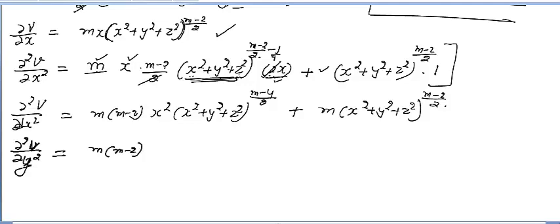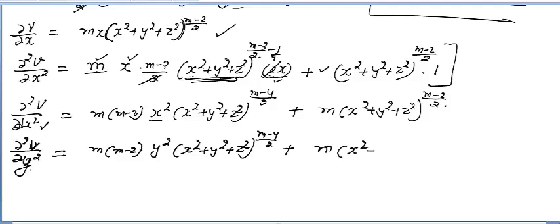When you have x square, you will get y square, because earlier you were finding the derivative with respect to x, you were getting x square here. Now with respect to y, you are getting y square. X square plus y square plus z square, this will be same. Now here m x square plus y square plus z square. No change in any other term. So the only change you get here is, in place of x square you are getting y square.